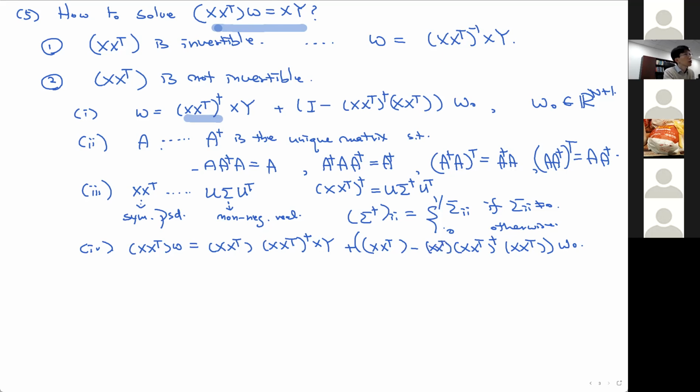So then you can immediately see we are in this case: A transpose A dagger A is the same as A. So we have that kind of situation here, and that's going to be the same as the one before. So the second term will disappear.